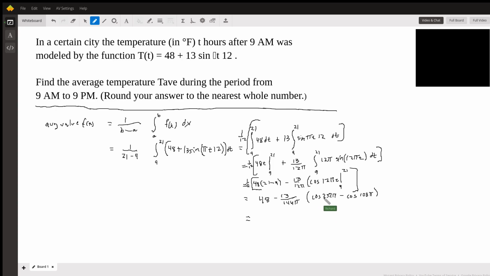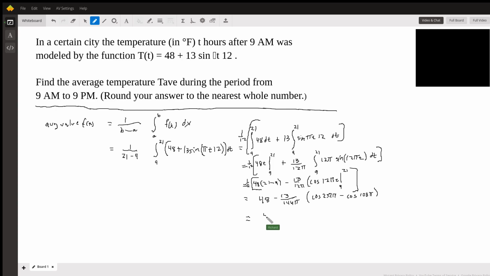And so here's the nice part. The angle 252 pi is coterminal with 2 pi. So the cosine of 252 pi is the same thing as the cosine of 2 pi, or the same thing as cosine of 0 radians. And the cosine of 0 radians is 1.